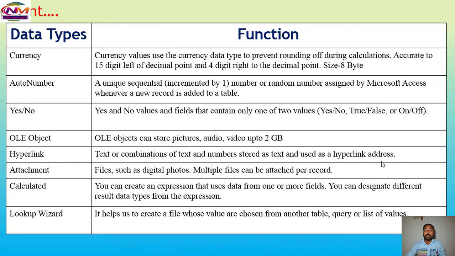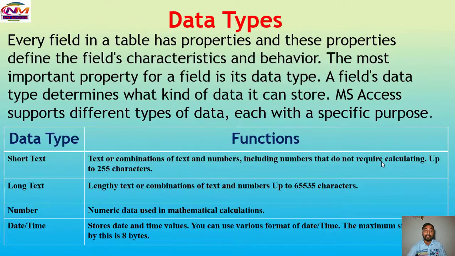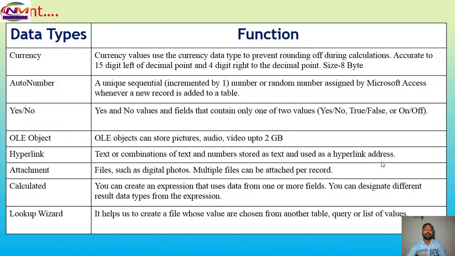Right now students, you have understood about short text, long text, number, date and time, currency, auto number, and the rest of them I will show you practically, then you will be able to understand these data types. But you will have to keep in mind that these are also data types, and we will have to learn one by one. I am going to show you in the next video what the usage of all those data types is.